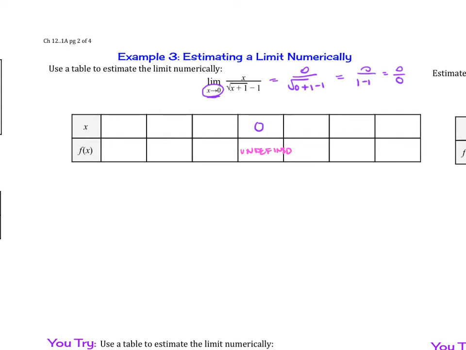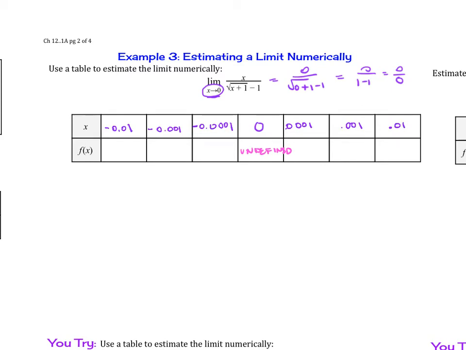To the left of 0, let us choose negative 0.0001, then negative 0.001, and then one more, negative 0.01. Then to the right of 0, we choose positive 0.0001, then 0.001, and then 0.01.